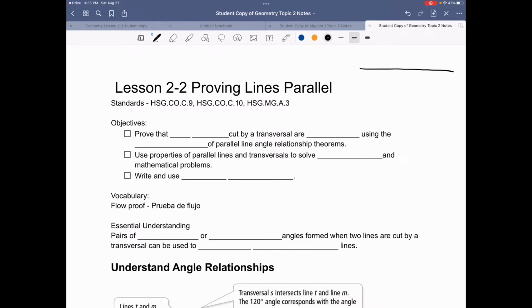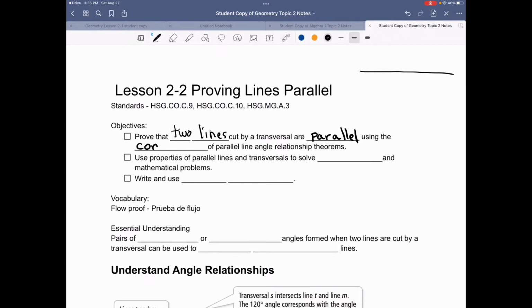And we are going to prove that two lines cut by a transversal are parallel using the converse or converses of parallel line angle relationship theorems.